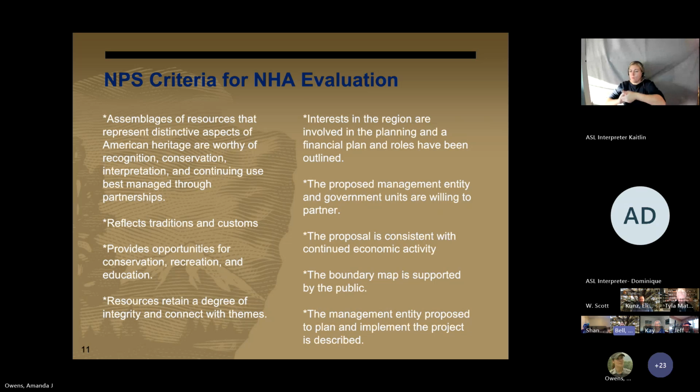And we also want to make sure that the boundary we're looking at is supported by the public. We have a legislated boundary that we're looking at, but we'd love to hear your thoughts on what that boundary should look like if a national heritage area is established here. Next slide, please.